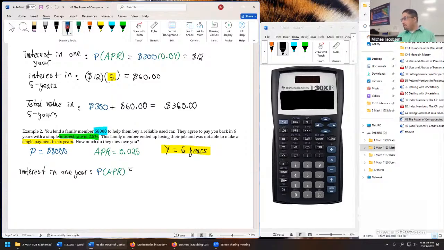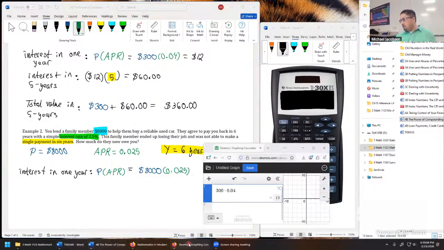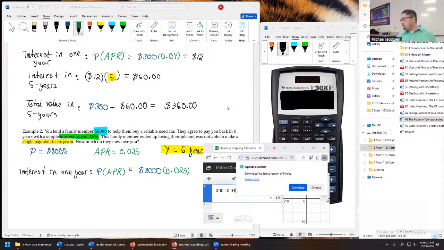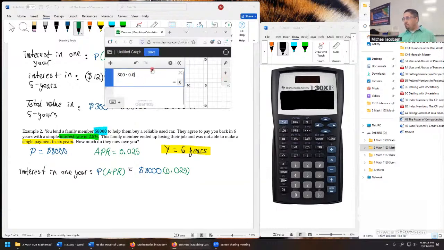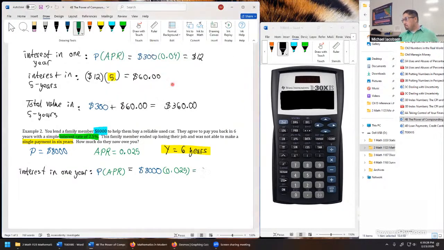So now we're taking $8,000, multiplying it by 0.025, and altogether that's going to come out as 8,000 times 0.025, $200 is the amount of interest unfortunately earned, because that means we weren't paid back on this family loan, but that's how much in just 1 year.